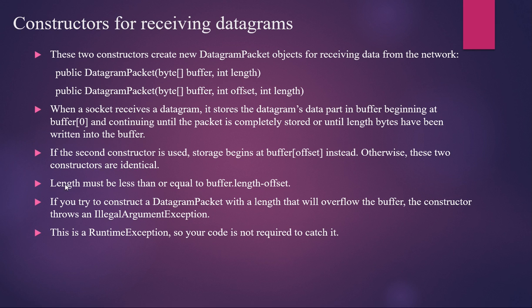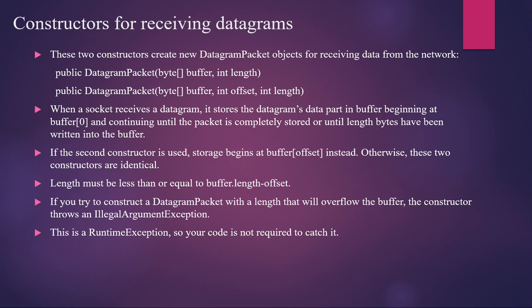The length must be less than or equal to the buffer length minus offset. Whatever the length of the data is, it should not exceed the limit of your assigned length. Suppose you are assigning the length of your buffer as 10 MB. The datagram packet should be less than or equal to 10 MB only.